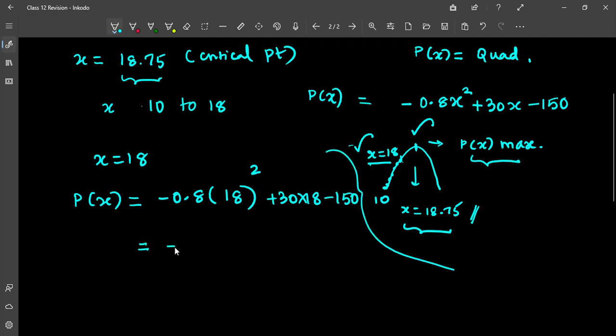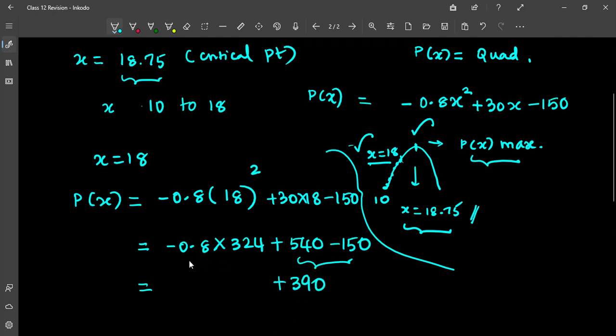So that would be minus 0.8 into 18 square, which is 324, plus 540 minus 150. So 540 minus 150 is 390, minus 0.8 into 324, which is 259.2.